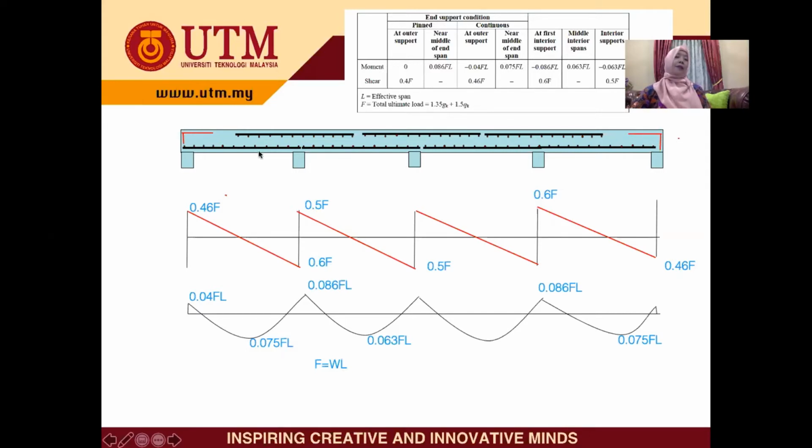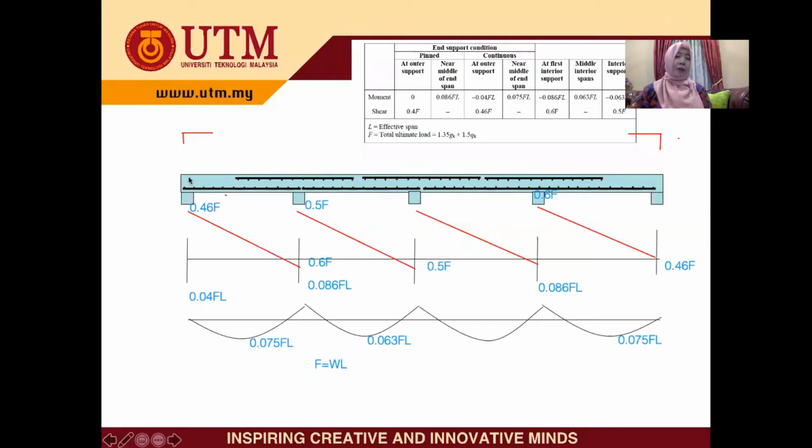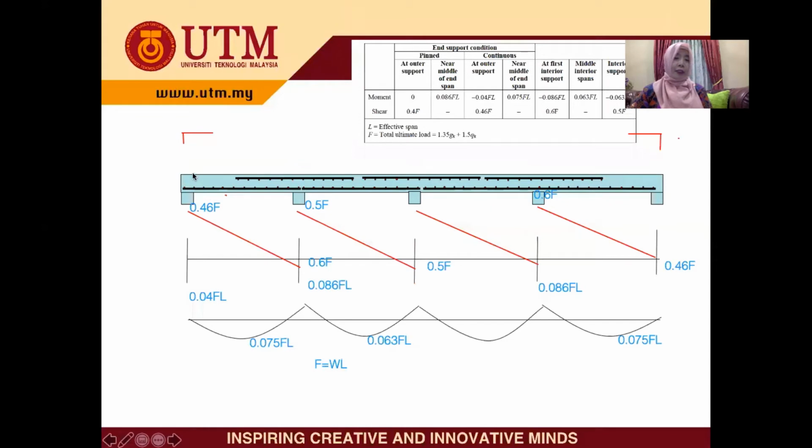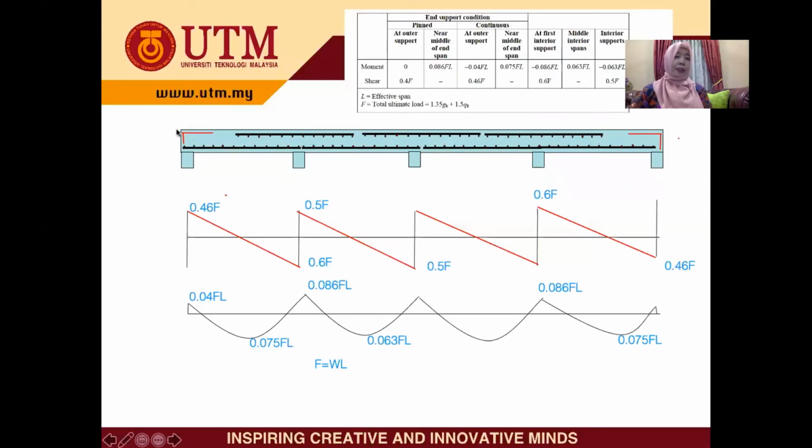That is the difference: if we simply assume no moment, we don't have to design at this support. But if we assume it as continuous, we need to design the steel over here. This steel will provide the fixed condition of the slab. Any question? No question.